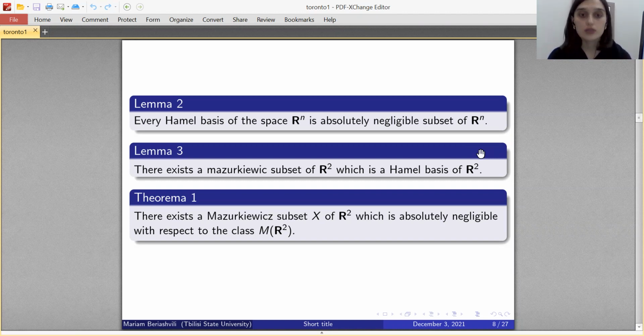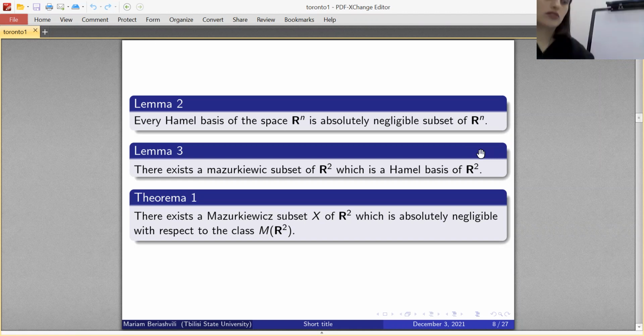There exists a Mazurkiewicz subset of the plane which is a Hamel basis of R square. I think it is a really interesting lemma, that we can find such a Mazurkiewicz set which is a Hamel basis. I will try to prove this lemma on the board if it will be visible.